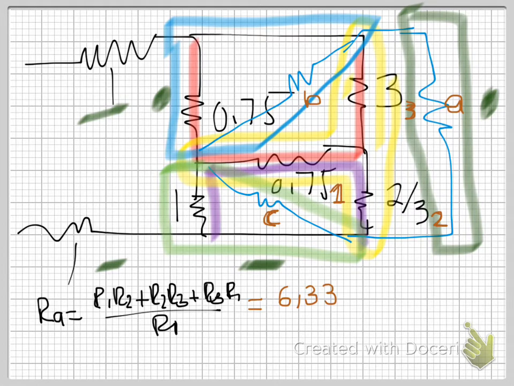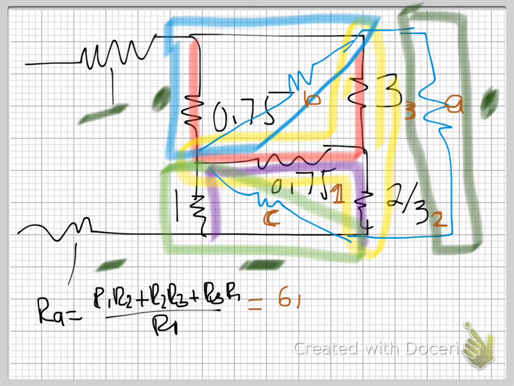This doesn't feel right. Wait, did I even include 0.75? Oh, okay, so we've got 0.75, we've got 3, and we've got 2 over 3. So 0.75 by 3 plus 0.75 by 2 over 3 plus 3 by 2 over 3, divided by 0.75. That gives 6.67.